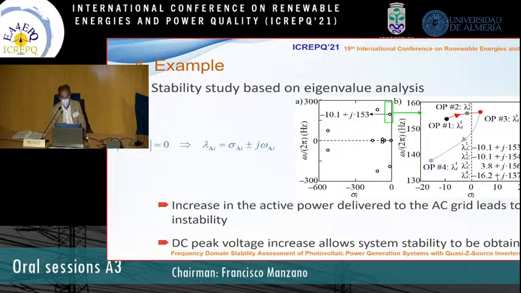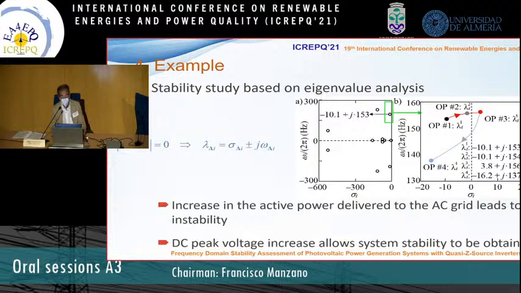On the right, we have only the eigenvalue related to instability. And we can see the evolution of this eigenvalue when the parameters of the operating point are changed. For example, from operating point 1 to operating point 2 and operating point 3 when the active power is increased, we can see how the eigenvalue crosses the zero line and goes to the right-hand plane.